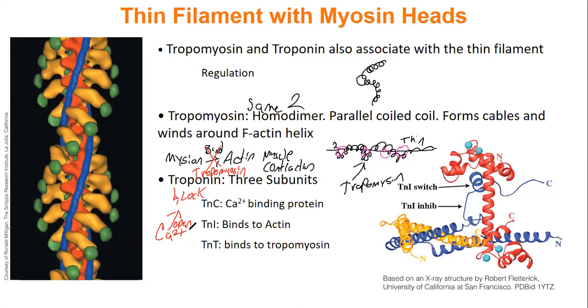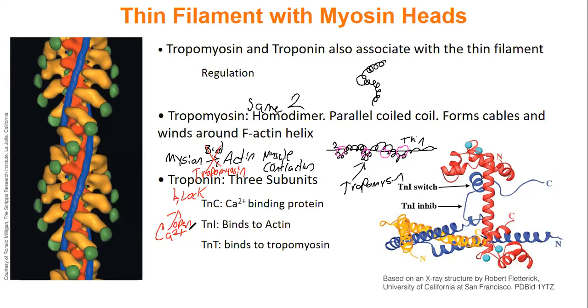It kind of falls off. When troponin is gone, tropomyosin leaves the thin filament, right? So troponin's gone, tropomyosin leaves. Once tropomyosin leaves, our myosin can now bind our actin, and now our muscles work.